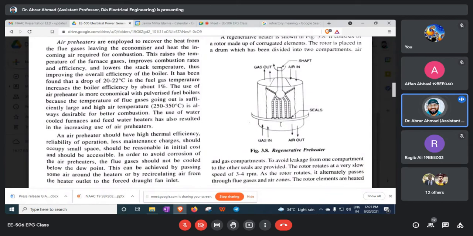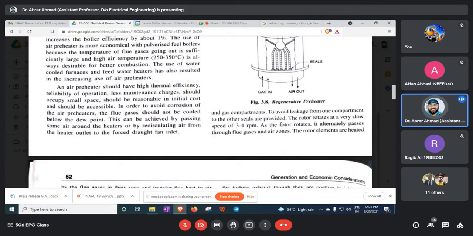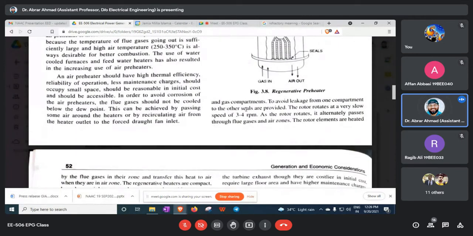So you want to transfer the heat of that polluted gas into the heat of pure air. That is the whole idea about this. Now, to avoid the leakage from one compartment to another, the seal is provided.